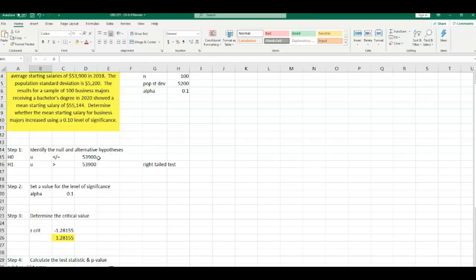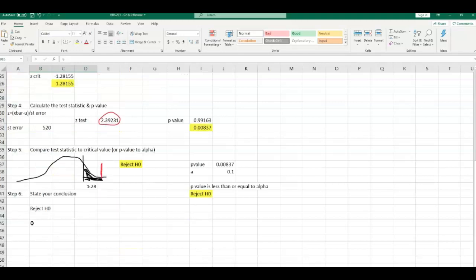We're saying that we have enough evidence to show that this null hypothesis is wrong. And instead, we're going to go with this alternative. So what we are saying here when we're rejecting the null is that the mean starting salaries of business majors have increased over the past few years.